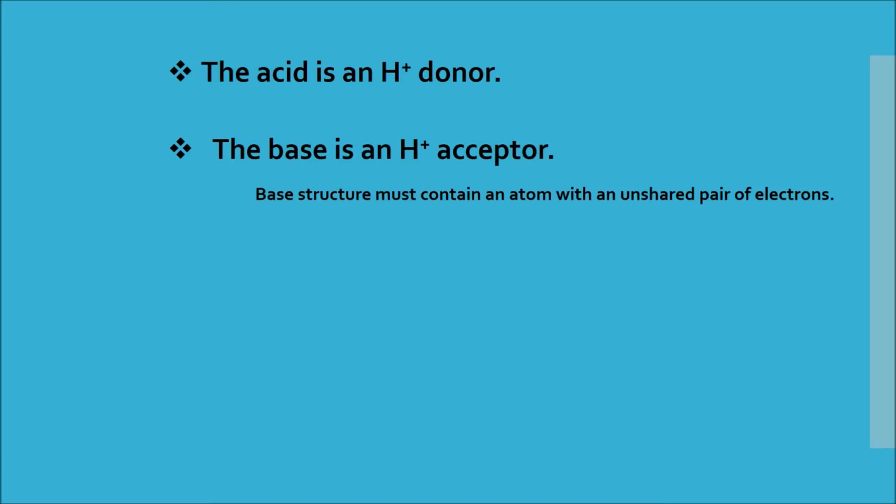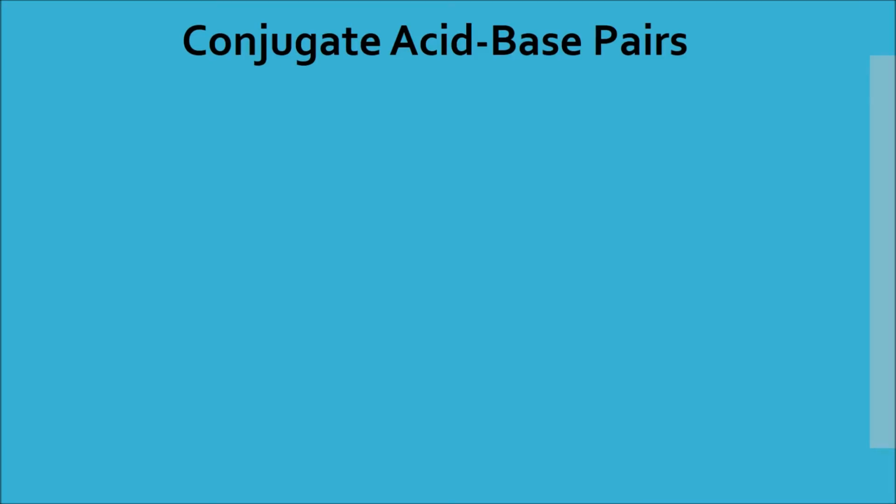Now, the structure of a Bronsted-Lowry base must contain an unshared pair of electrons. Basically, what this allows is that any reaction involving H plus that transfers from one molecule to another is basically an acid-base reaction, regardless of whether it occurs in an aqueous solution or if OH minus ions are present. And so any material could potentially be a Bronsted-Lowry acid.